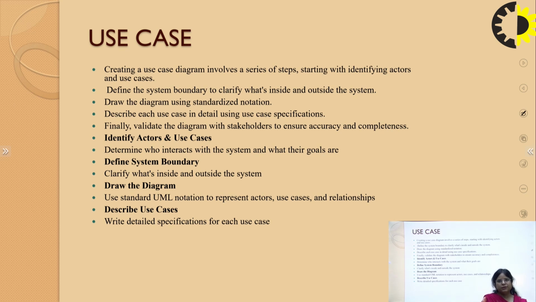For example, a printer, or any printing device, can be an actor. When we prepare the use cases, we need to define the system boundary, to clarify what is inside and what is outside the system.